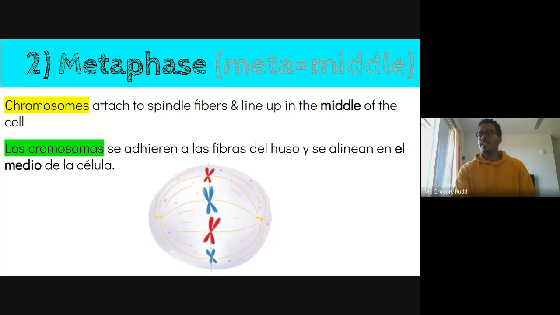And here you can actually see the spindle fibers attaching to the middle of the chromosomes, to the region of the chromosome that we call the centromere. That was one of our vocab words from yesterday. Spindle fibers are like the fishing line. They attach to the chromosome in its middle section, called the centromere.